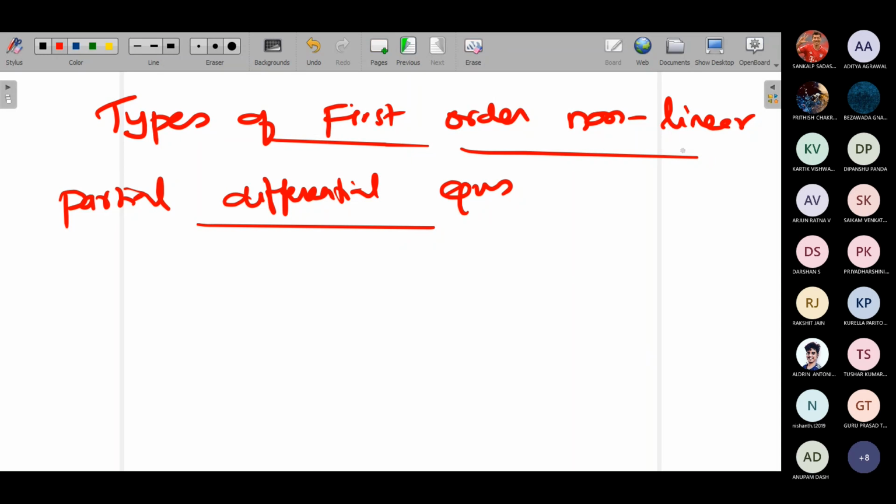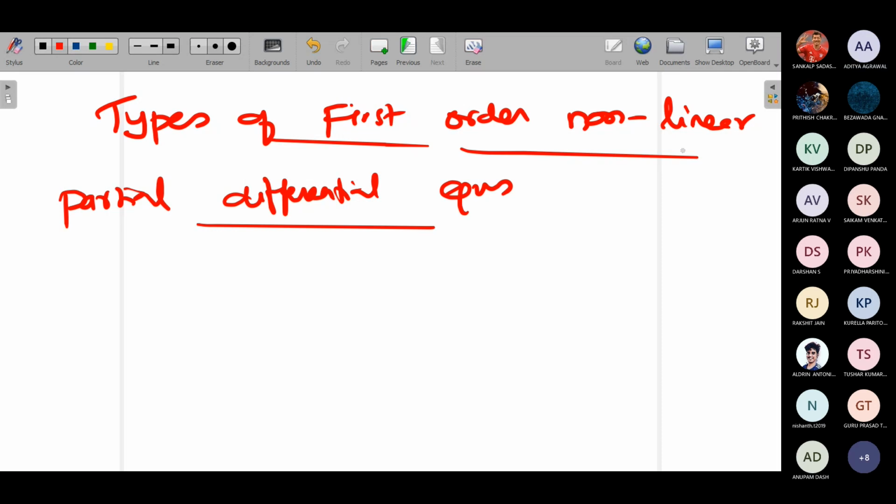What about the right hand side? Homogeneous equation will be equal to 0, and non-homogeneous will have some variables on the right hand side.